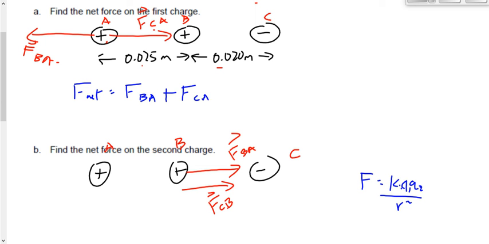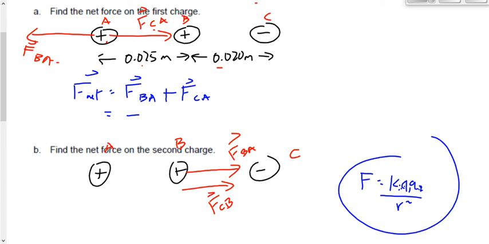Remember what we said? For us, negative means direction. That's why we left it out of the equation, because we don't want negative to mean a type of charge in an equation. We want it to mean direction. If it means direction, then we have to make sure FBA is a negative value and FCA is a positive value. So absolutely, when you've got a negative that means direction, put it into the equation.